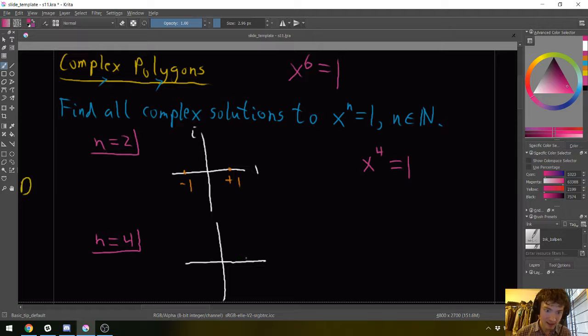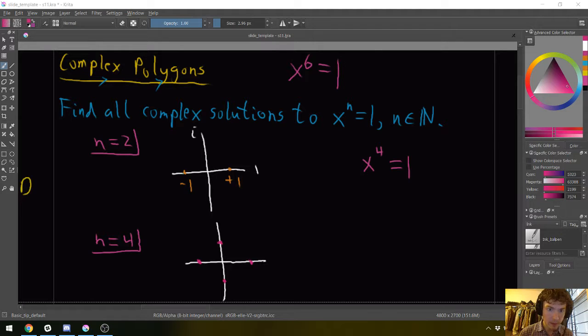Yeah, so you told me 1 and -1 work, which is true, because 1 to the power 4 is +1, and -1 to the power 4 is +1. But I think there should be 2 more solutions that square to -1, because if they square to -1, -1 squared is +1. So what other solutions do you think this equation could have? Plus and minus i. Yeah, i and minus i. So i to the 4th is 1, and minus i to the 4th is 1.